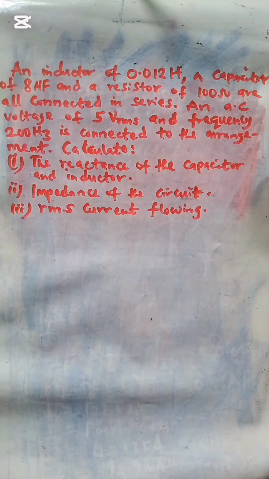So this is another question. It says an inductor of 0.012 Henry, a capacitor of 8 microfarad, and a resistor of 100 ohm are all connected in series, and an AC voltage of 5 volts RMS and frequency 200 Hz is connected to the arrangement.